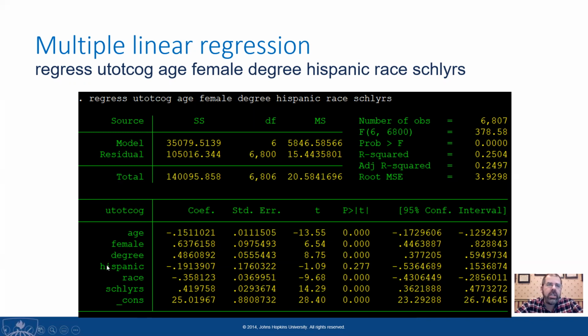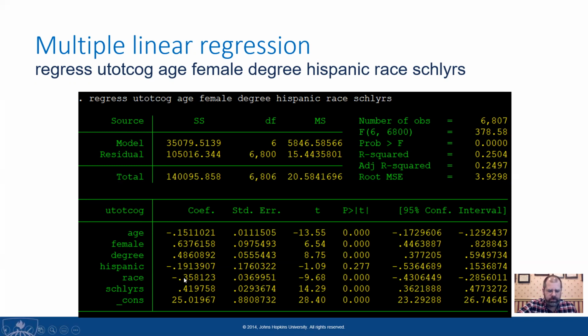You could say adjusting for, or controlling for, or conditioning on. These words all mean the same thing. Looking at these other predictors, we can say that, for example, there is a 0.637 difference in mean cognitive score between females and males. It looks like females have a higher score than males.